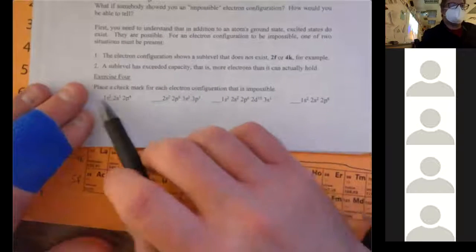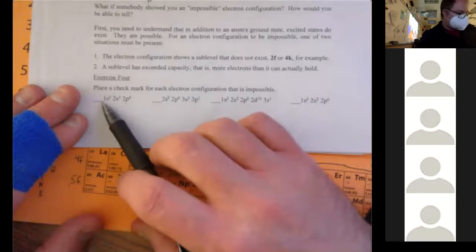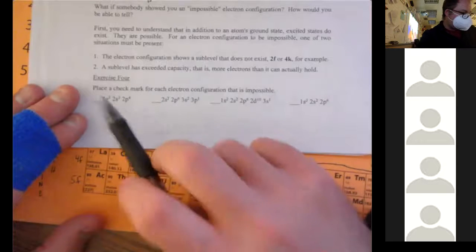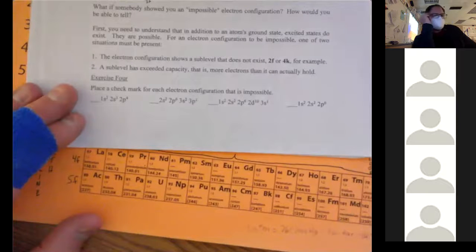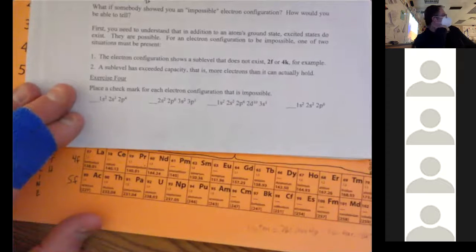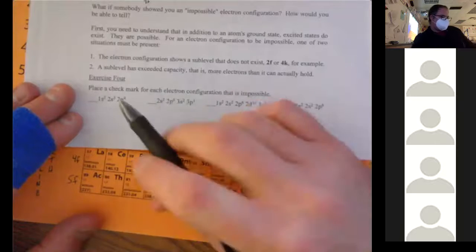So if we take a look here, give me whether or not this is possible or impossible. 1s2, 2s3, 2p4. Is it possible or not? What do you think?